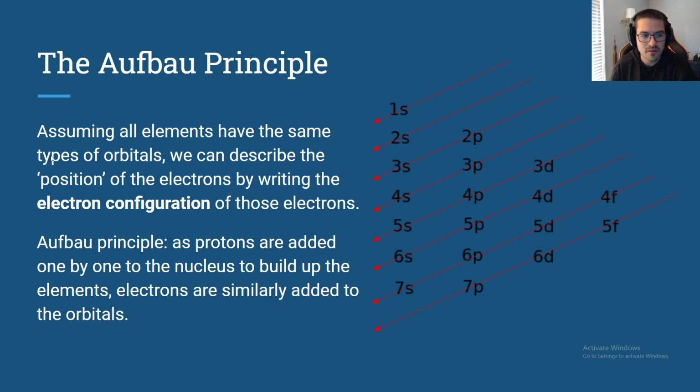Assuming that all elements have the same types of orbitals, we can describe the position of the electrons in atoms by writing the electron configuration of those electrons. Okay? And the Aufbau principle states that just as protons are added one by one to the nucleus to build up the elements, electrons are similarly added to the orbitals.